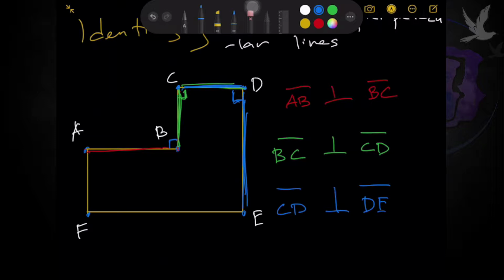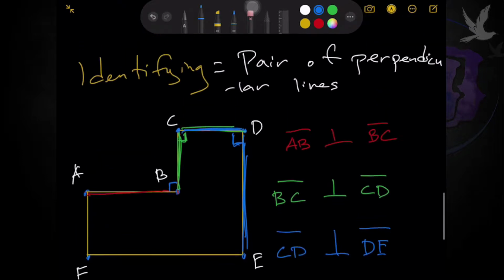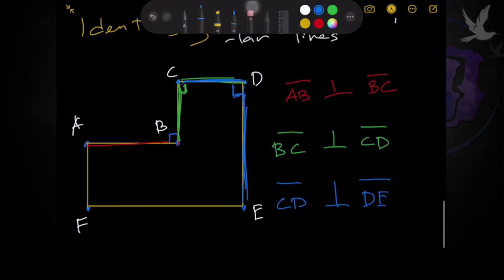So, that's basically what you do when you are tasked to identify pairs of perpendicular lines with a given figure. There are more. There's another one here. All you need to do is to identify the lines that are used to form this right angle.